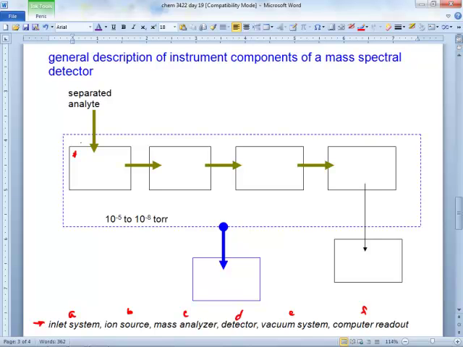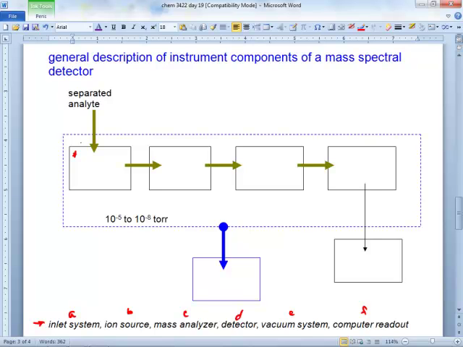Something has to be separating out your analytes, separating out this mixture, making it really pure. What pressure is this at? Atmospheric, right? Or if it's a liquid chromatograph, it could be like 1,000 psi. Otherwise, if it's a gas chromatograph, essentially 1 atmosphere, maybe a little bit higher, because you have to push it through the column.